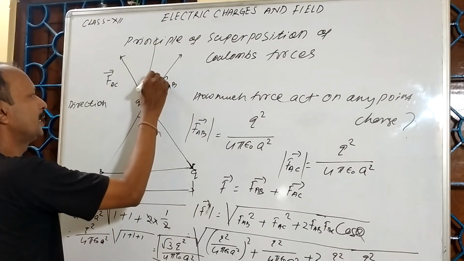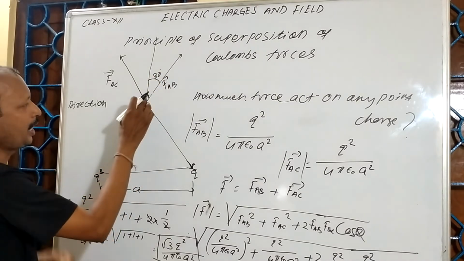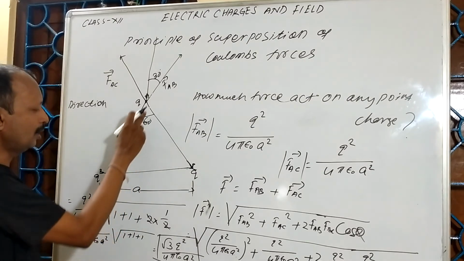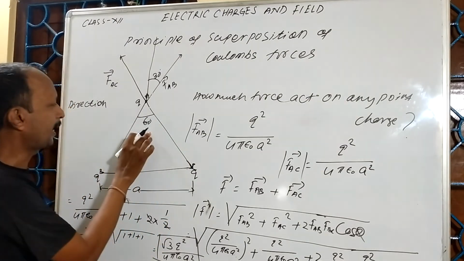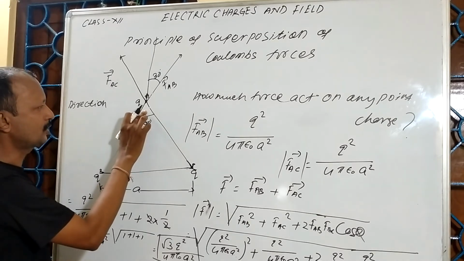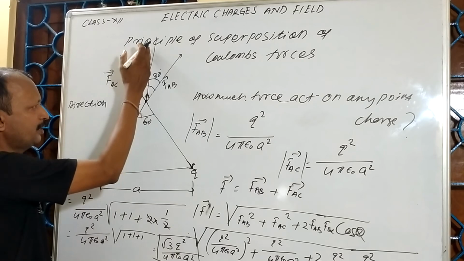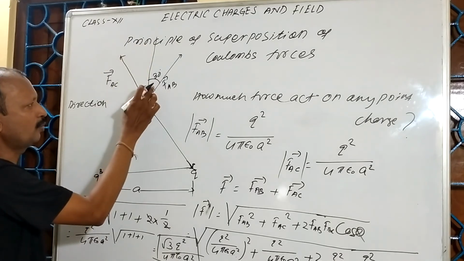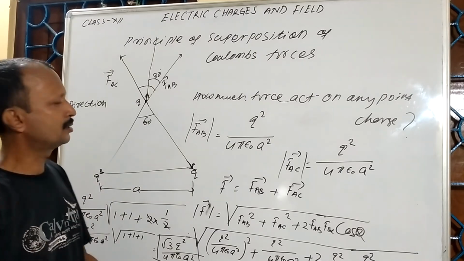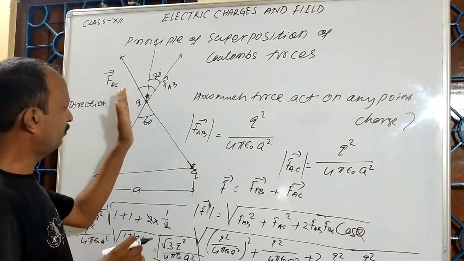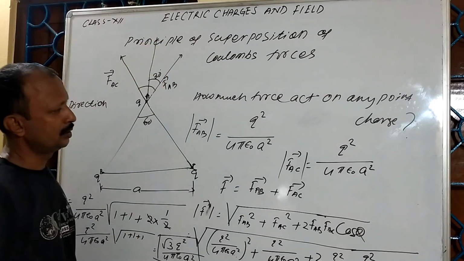That means it will make a 30 degree angle along F AB, because this is an equilateral triangle. All these angles are equal, 60 degree, but this net force will divide it equally because the magnitudes of forces F AB and F AC are both equal.